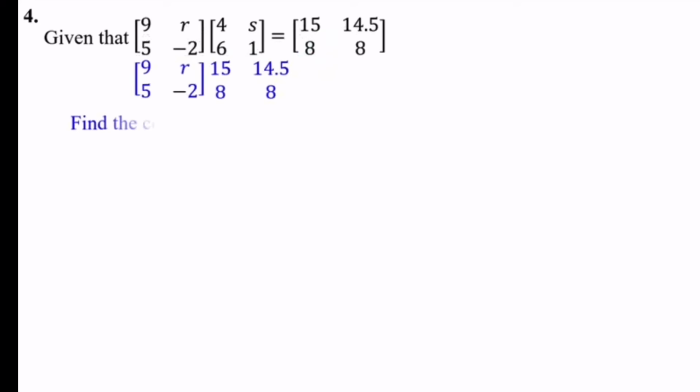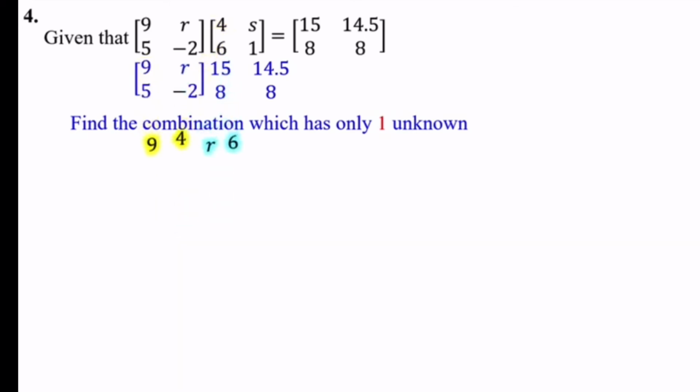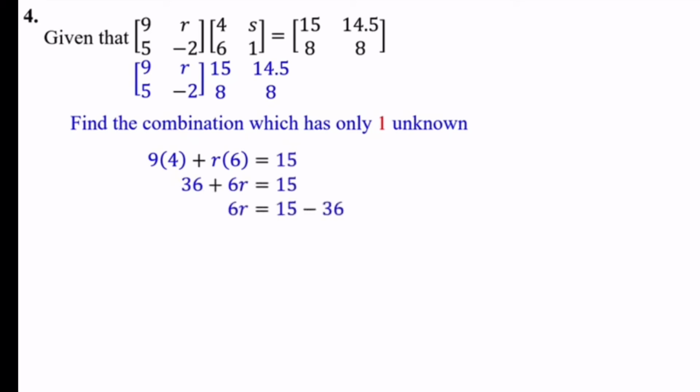It is 9 times 4, right? 9 times 4 plus R times 6 equal to 15. So 36 plus 6R equal to 15. So we can solve the R, right? So the R is negative 21 over 6 or negative 3.5.